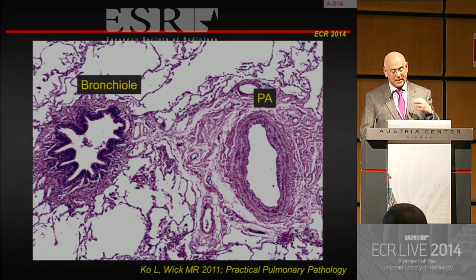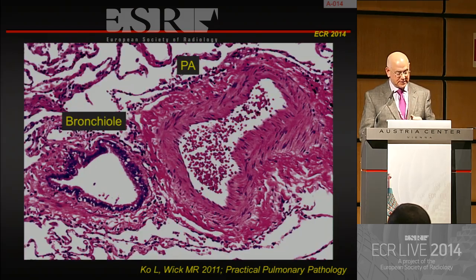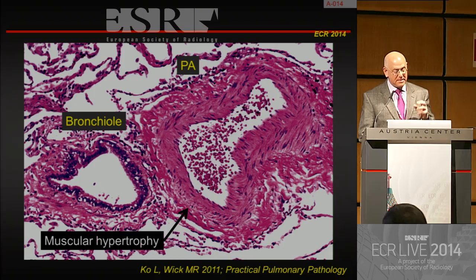If this patient suffers a chronic injury and responds with the remodeling process, the pulmonary artery will thicken and the wall will thicken and the artery will become larger, and this is mainly caused by muscular hypertrophy in the wall of the pulmonary artery.